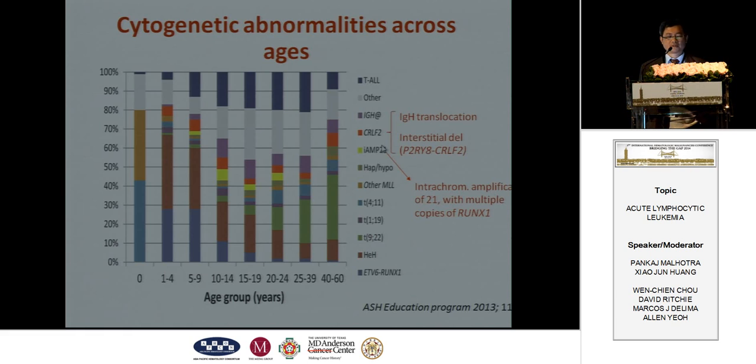And the discrepancy in cytogenetic abnormalities across age groups is supposed to be one of the reasons for the differential prognosis between different age groups. And most ALL arises from B precursor lymphoblasts. In contrast, T-ALL comprises a small proportion of ALL across all age groups.